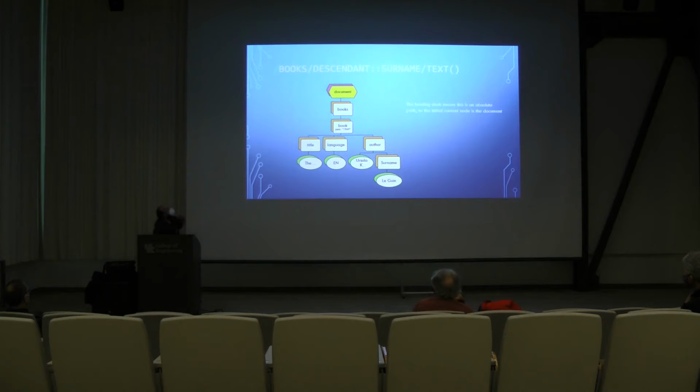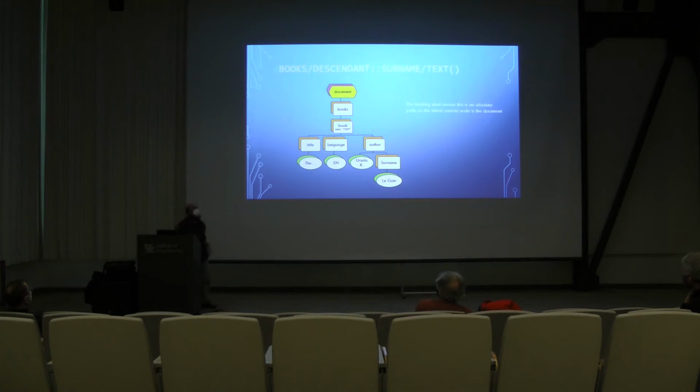Okay, so here's an example of how you might evaluate that expression on the document we saw before. To start out, this is an absolute path expression. So we start at the root of the document, at that document node.